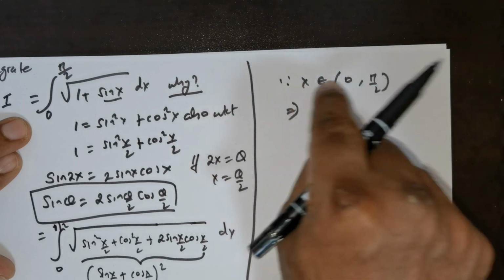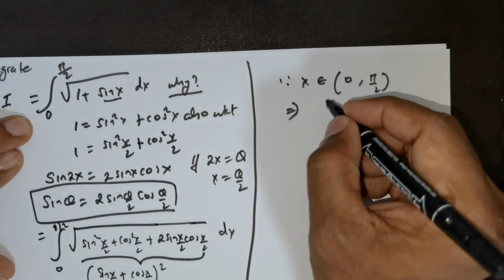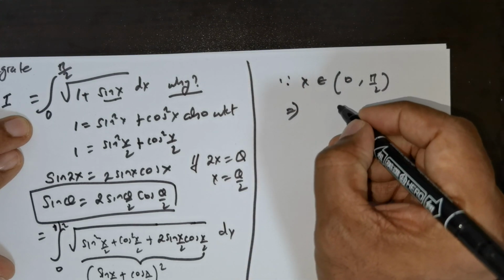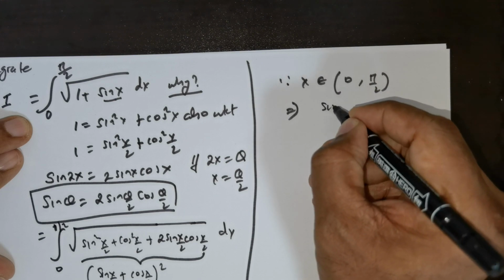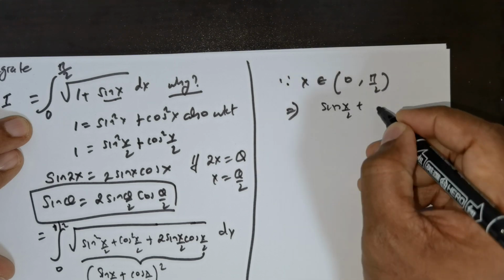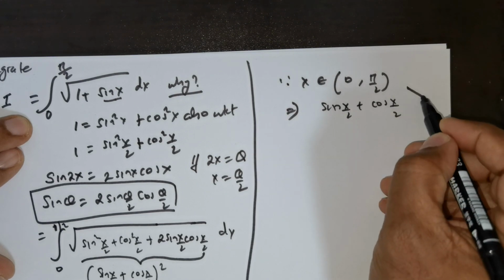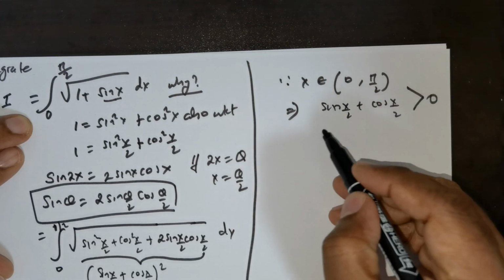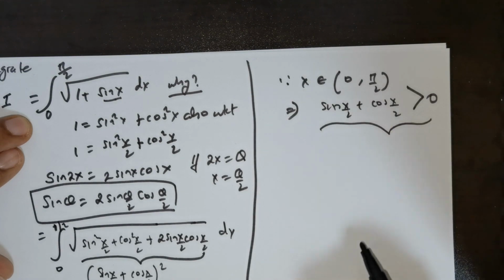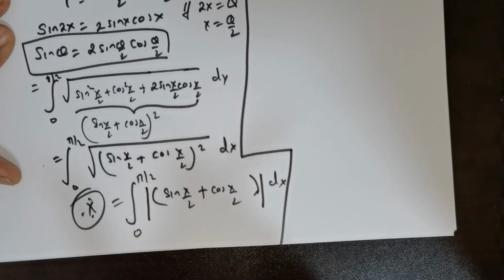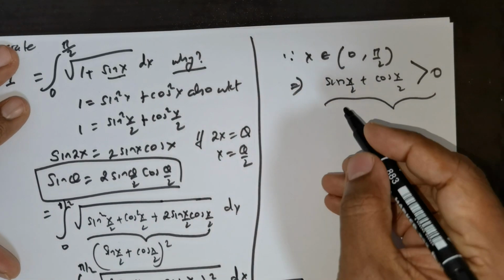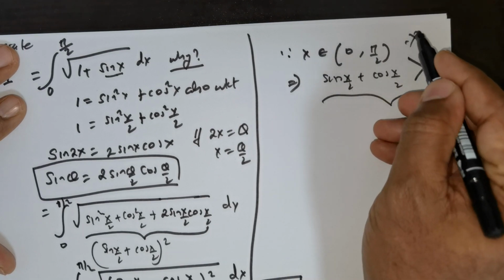So this would mean x is contained in this interval. So that would mean for given values of x, sine of x over 2 plus cos of x over 2 is always greater than 0. Now because of this all important fact, I can remove the modulus sign. So this is another important step.